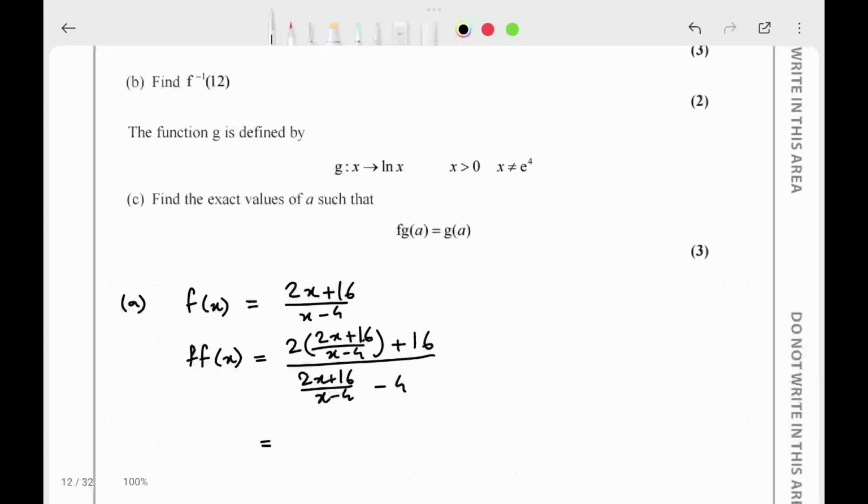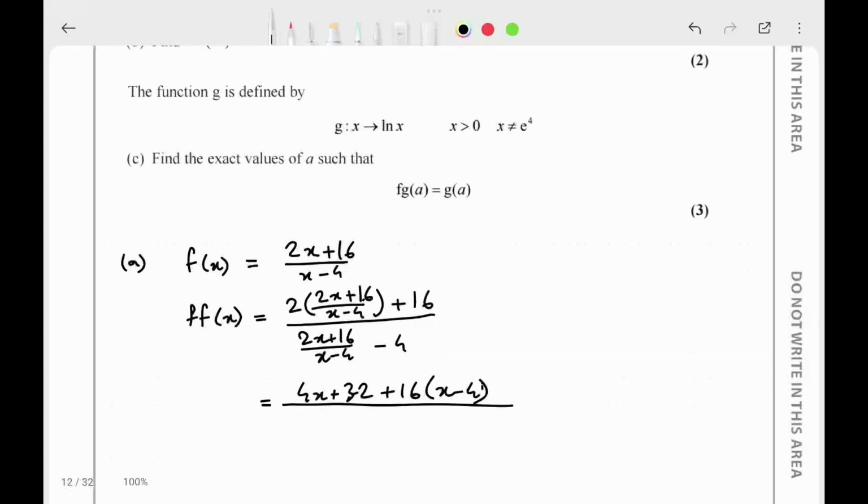Let's multiply x minus 4 throughout the numerator and the denominator. So that's going to be 4x plus 32 plus 16 times (x minus 4). Same for the denominator.